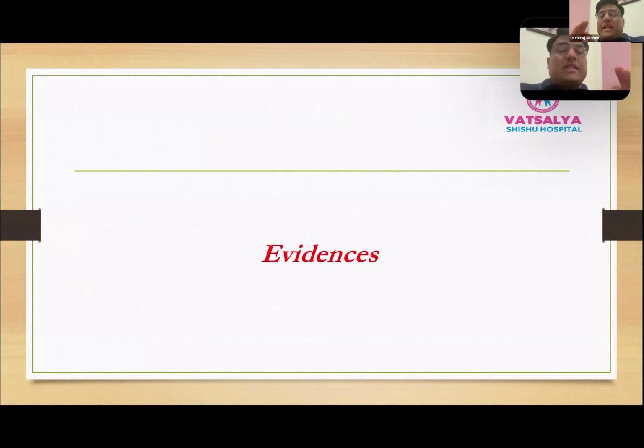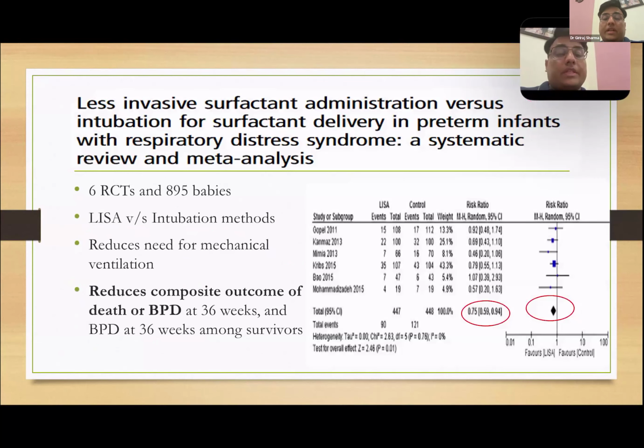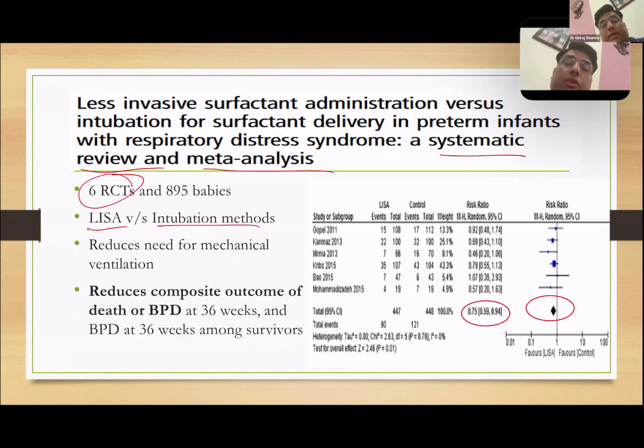Now we'll discuss some landmark trials, the evidence about surfactant administration in preterm babies. So this is a systematic review or meta-analysis. They included 6 RCTs and compared the LISA versus INSURE method.